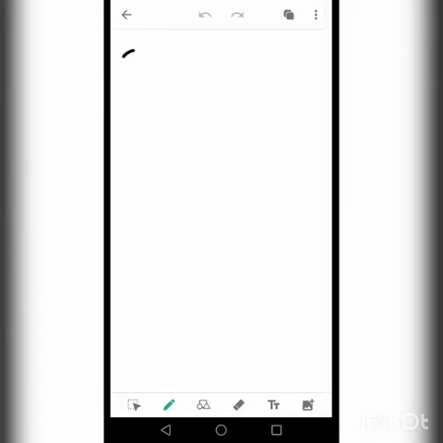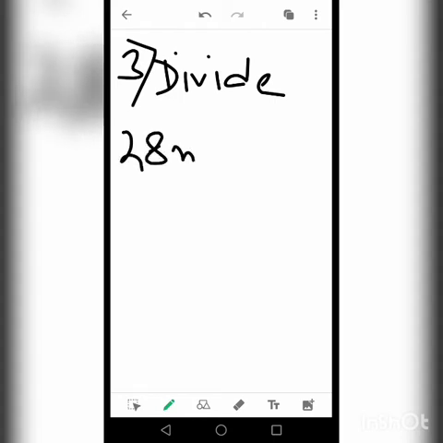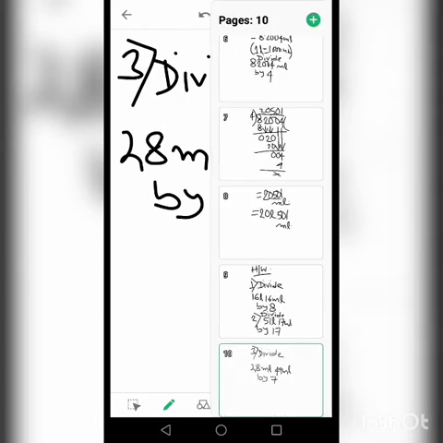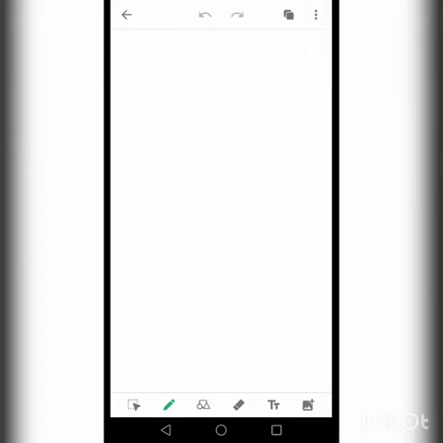And divide 28 ml 49 milliliter by 7. We will solve these 3 sums at home and write them in your classwork copy. Okay.